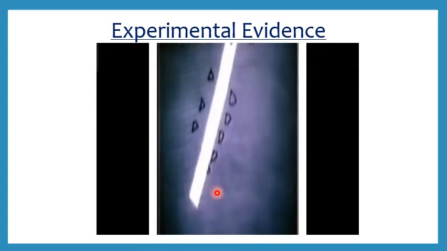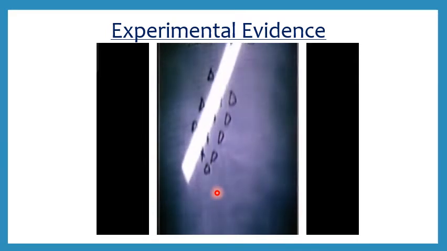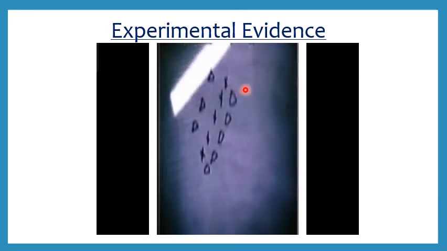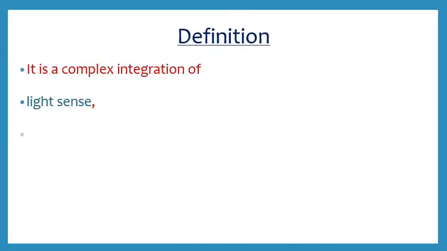Now they are moving it to the vertical orientation. They couldn't record anything unless the orientation was this particular orientation. So that is how they found out that there are cells in the cortex that respond to a particular orientation of the image that is shown. Now the definition.